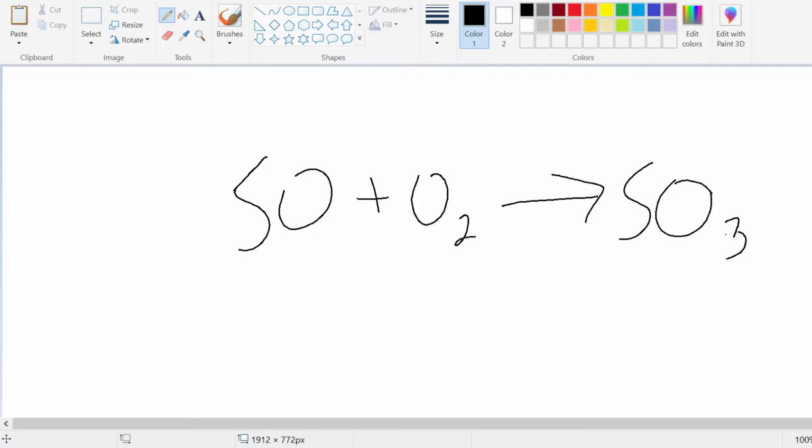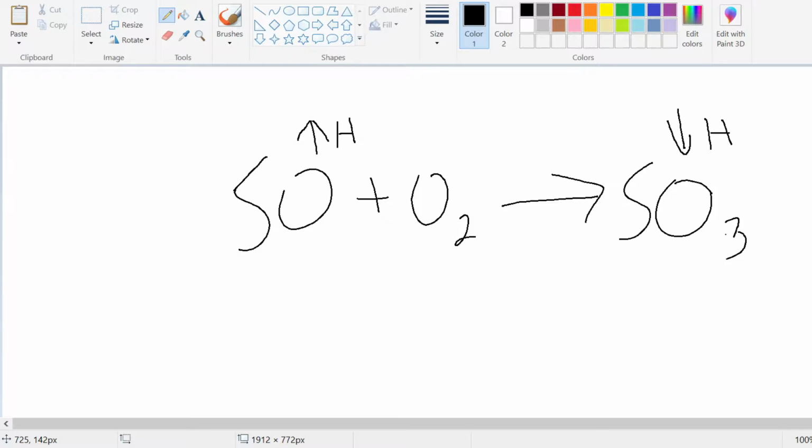So what I like to do is write down which way the heat is going. For an exothermic process, heat is given away, so this side will have lower heat, okay? And this side will have higher heat. And we'll use that H for heat. Remember, this is something different than temperature.